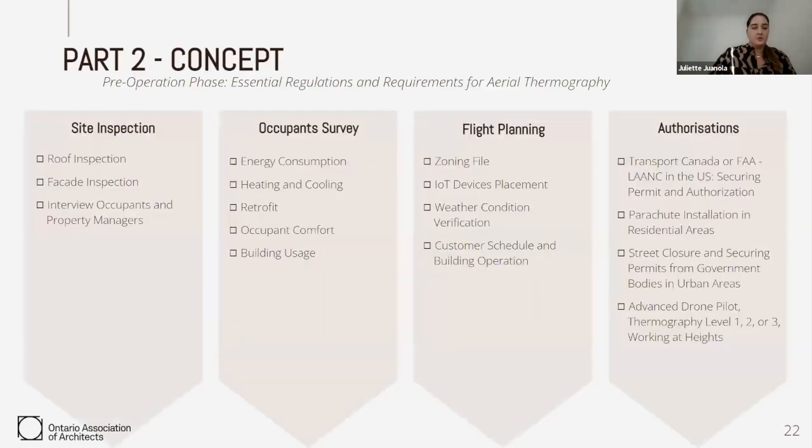Okay, so let's start with the pre-operation phase. This phase is really meant to collect as much data as possible about the building prior to making the analysis, and also to plan for the flight. The site inspection, first of all, is really meant to have a high-level overview of the building envelope before starting the analysis.